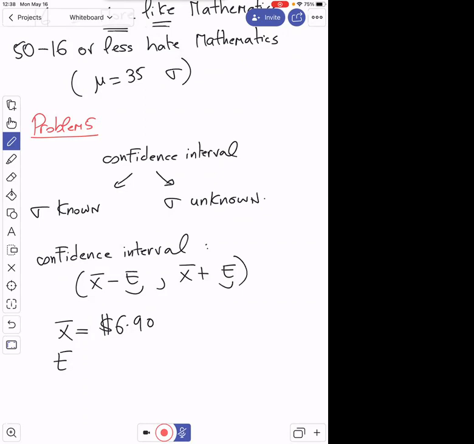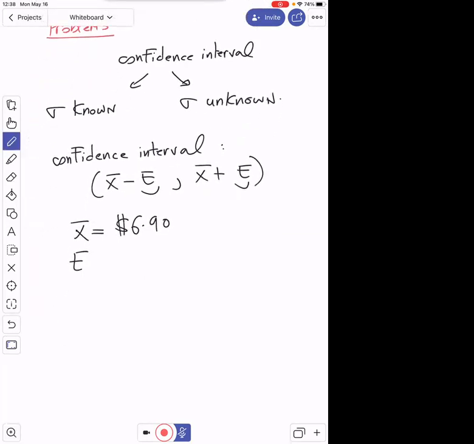Like in the first question, it says suppose the sample standard deviation of the 20 receipts was S equal to, so S, it's not sigma, right? There's a difference between S and sigma. S is the sample standard deviation. The sigma is the population standard deviation.